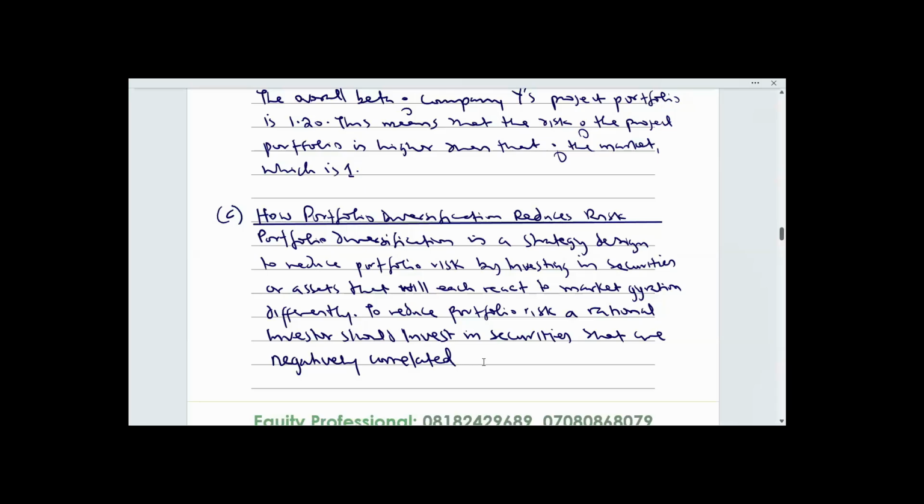That is, securities that move in opposite directions of each other, or securities with no correlation.